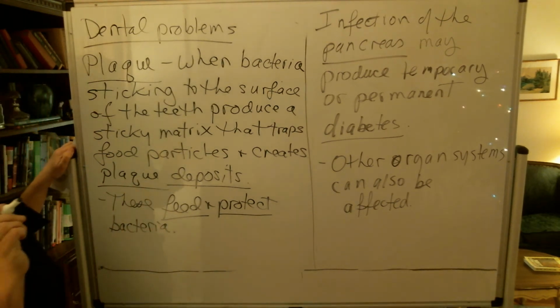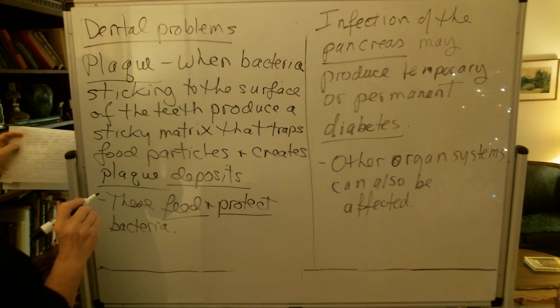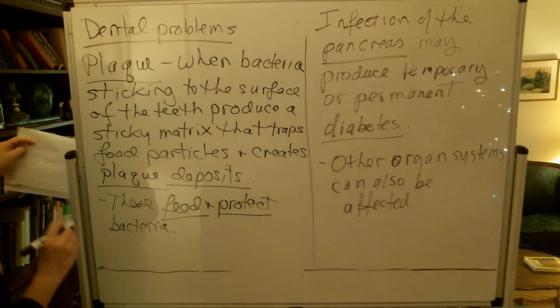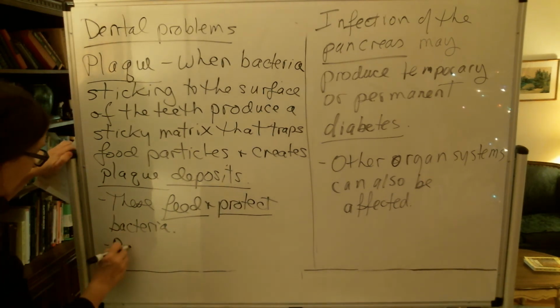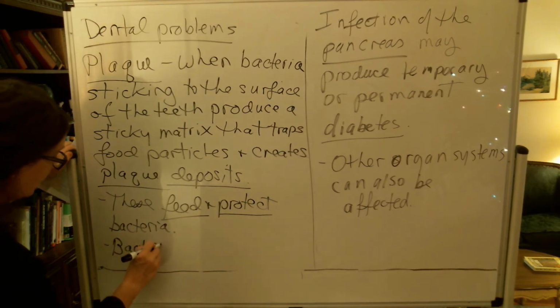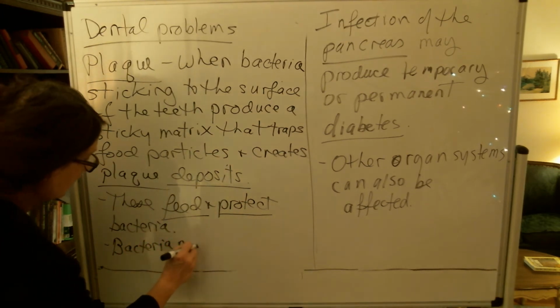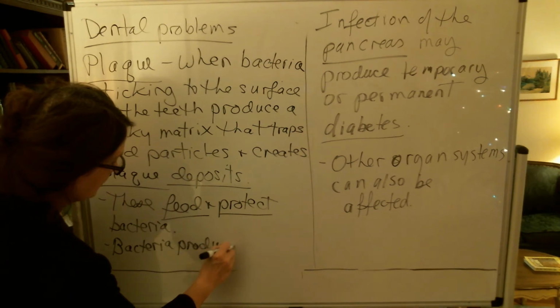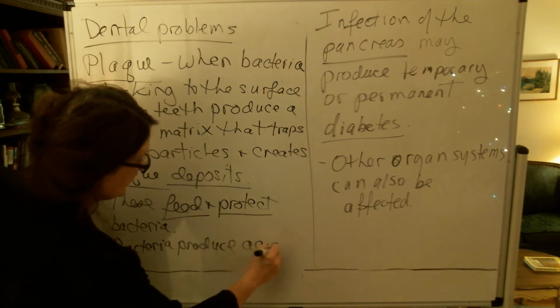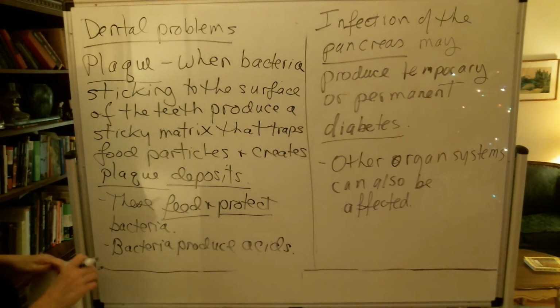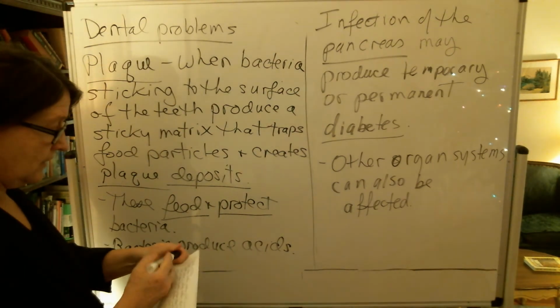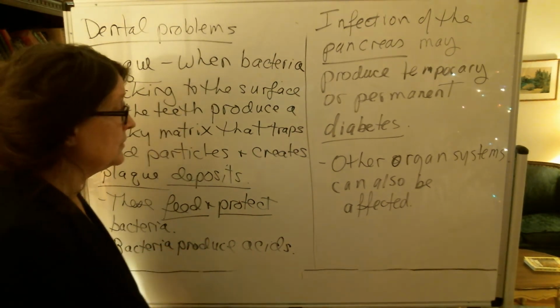They have a nice little home. They are happy. But the problem is that the bacteria produce acids. Just by virtue of being alive, the bacteria are going to produce acid.